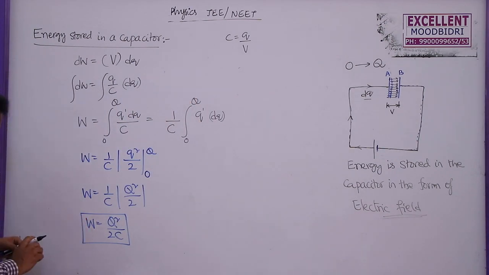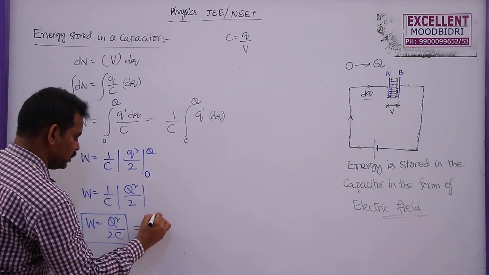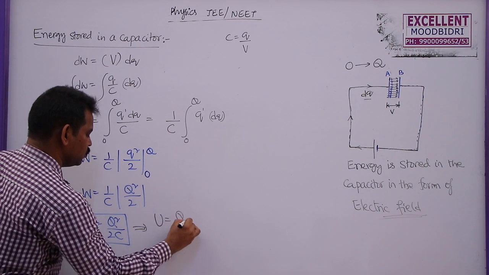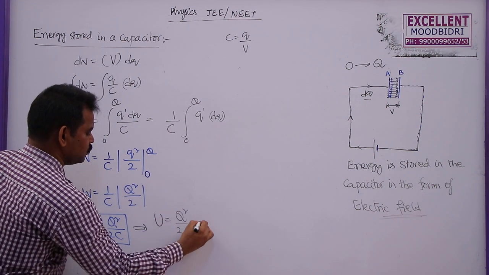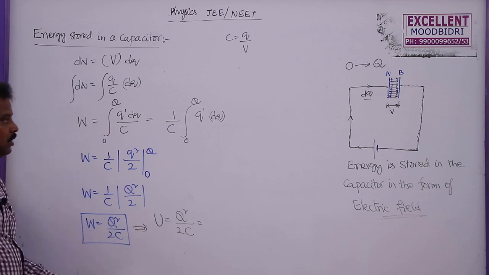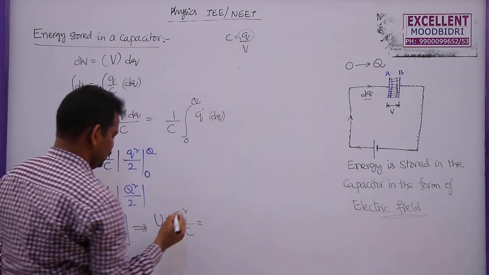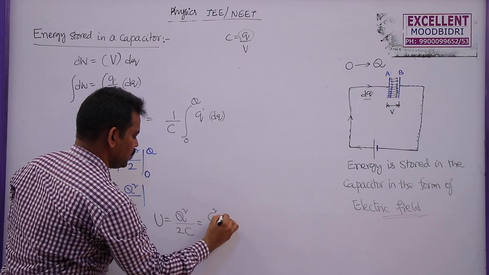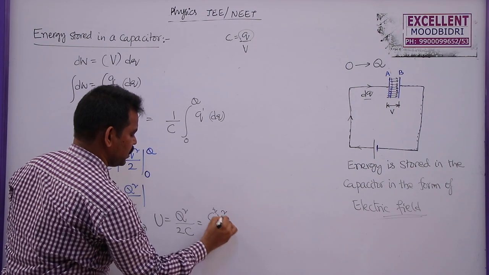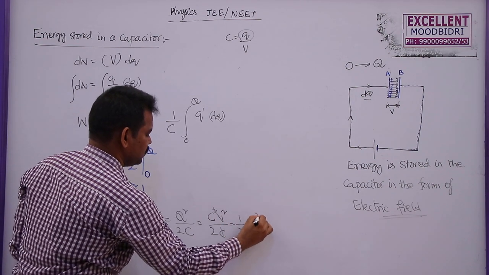Now this is the work done and also equal to the energy stored. U is equal to Q square by 2C, or you can write Q is equal to CV. So this will become C square V square by 2C, cancel, half CV square.